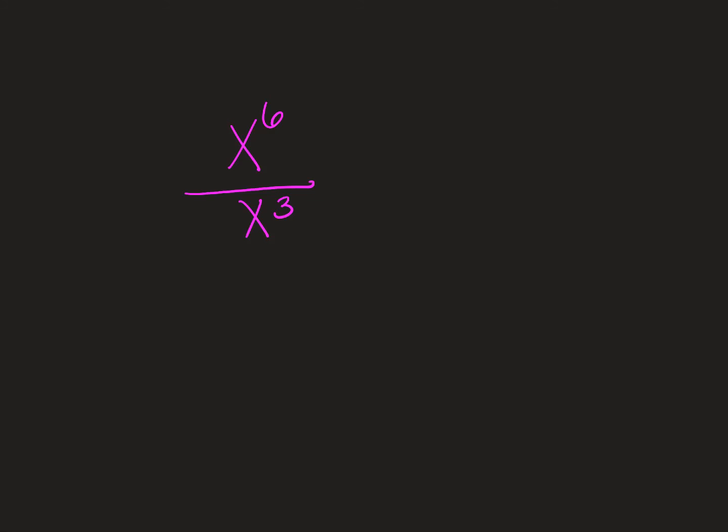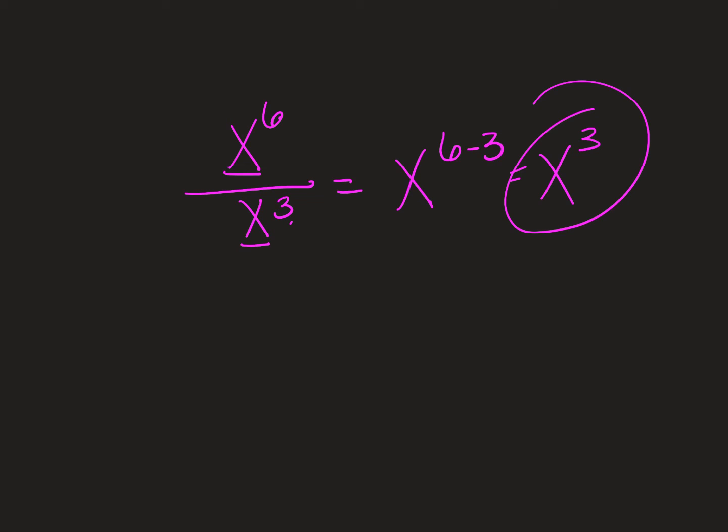You subtract them when you're dividing. You have your like base here, which is x. You take the top exponent and subtract the bottom exponent. So it would be x to the what? 3. That's your answer.